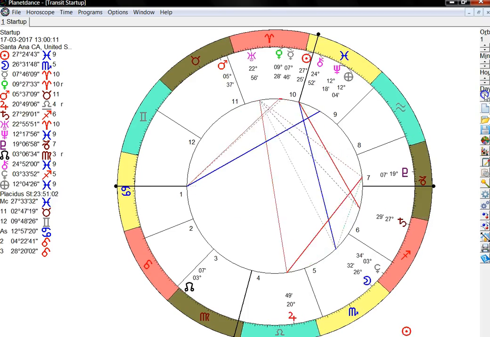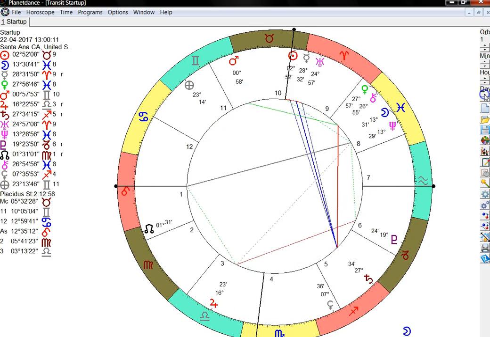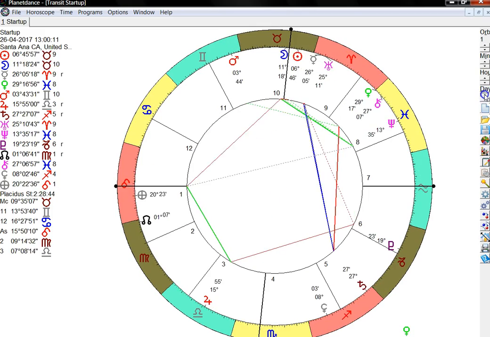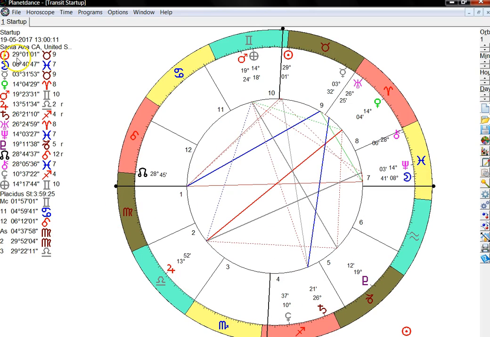So we'll move forward. Now it's moved a few degrees away, about 2 or 3 degrees. We're into April. Here at this point, mid-May, the Sun is at 29 degrees while the MC is at 1 degree. So it's still really close. It's only 2 degrees away, 1.57.